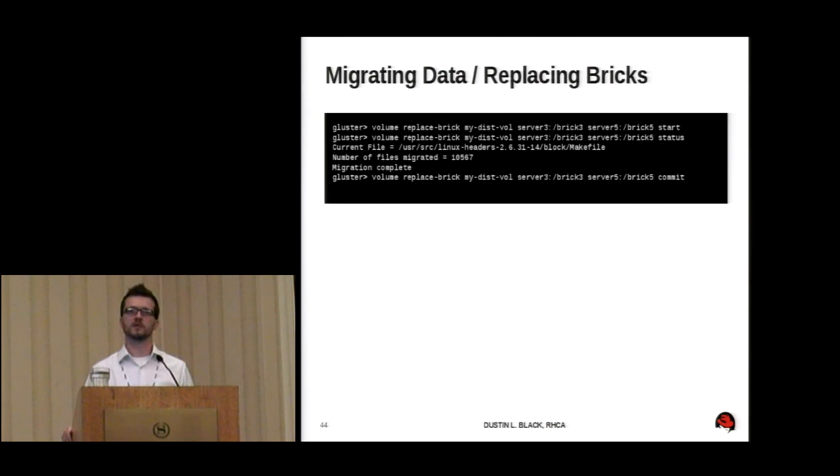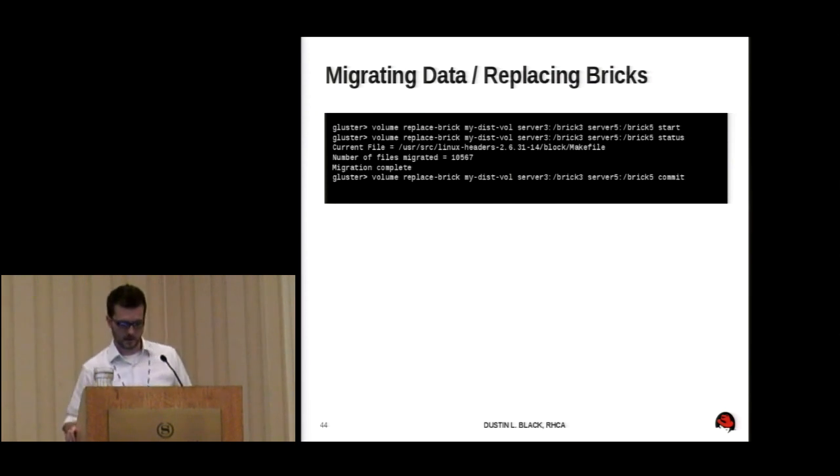Now this is essentially doing the process of removing and adding a brick all in one simple swift move. Again, I have to start it; I can't just run the command like I can when I add a brick initially. Data is going to be moved around. When the data is finished, you're going to get a migration complete message when you run the status. And then once the status shows migration complete, you can run that commit command, and then the old brick can be removed from service.